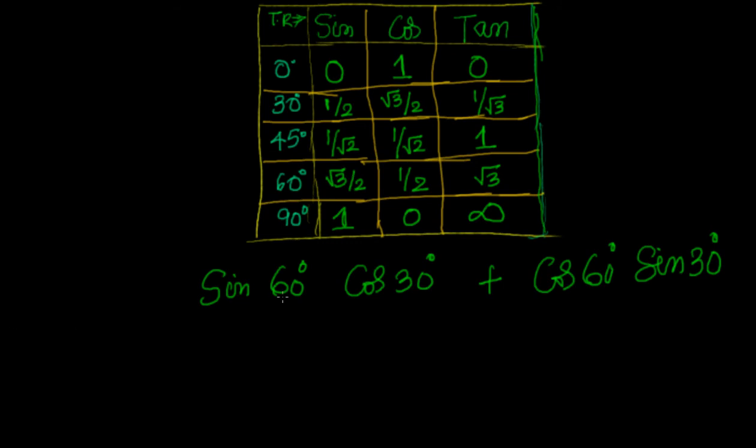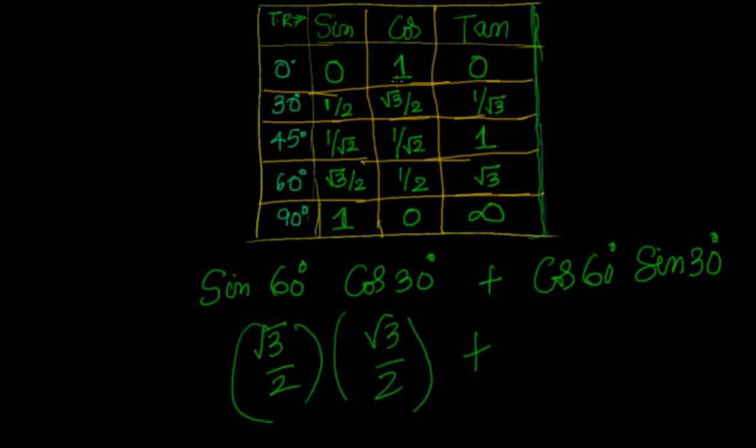You can, right? What is sine of 60 degrees? Root 3 by 2. What is cos of 30? Root 3 by 2 again. Plus cos of 60, which is 1 by 2, into what is sine of 30? 1 by 2.